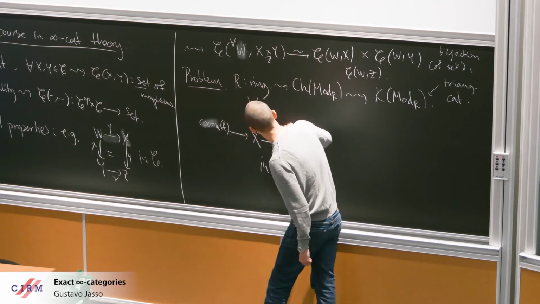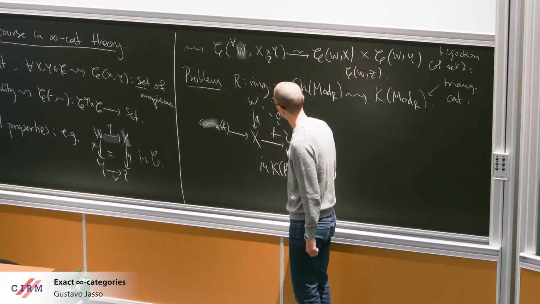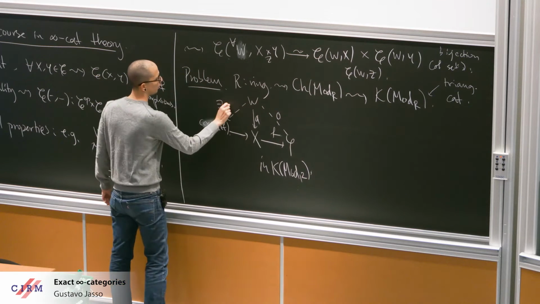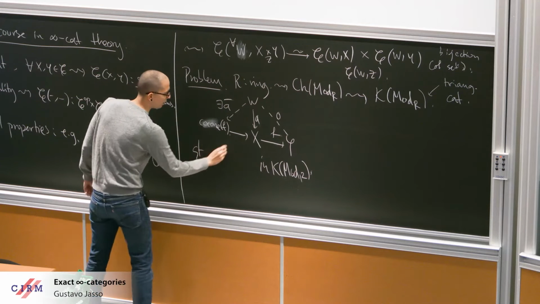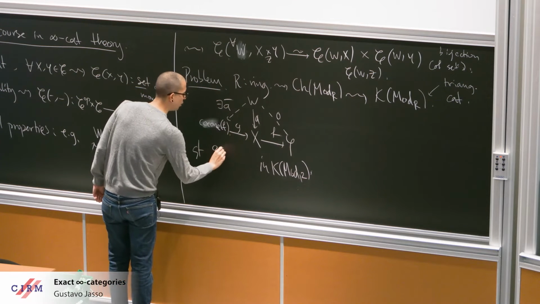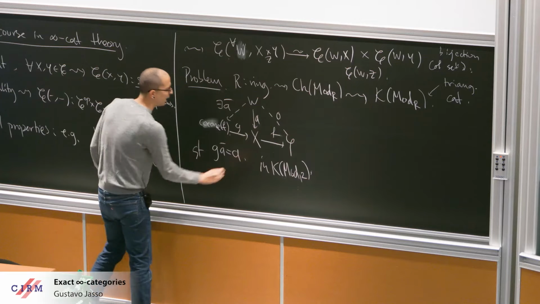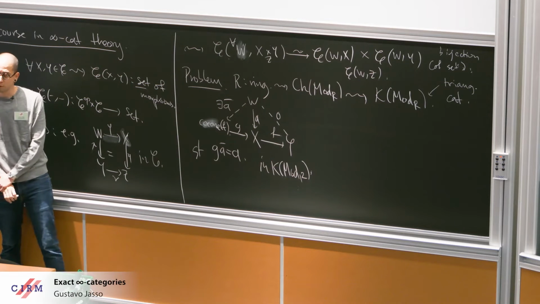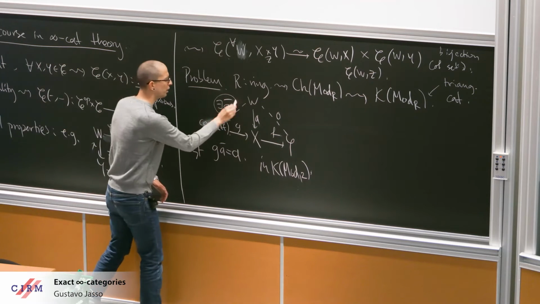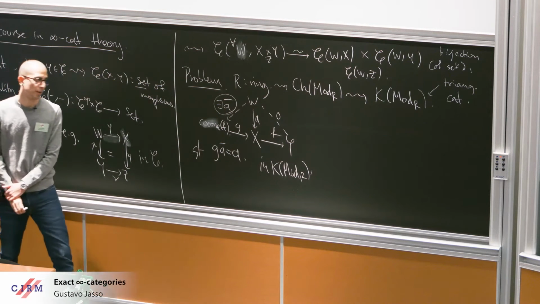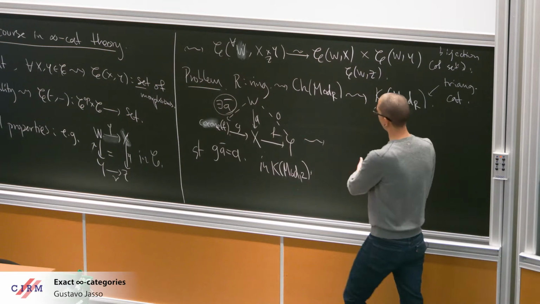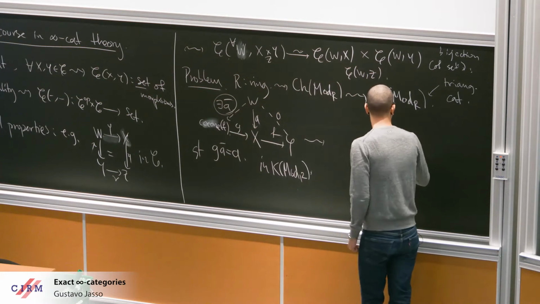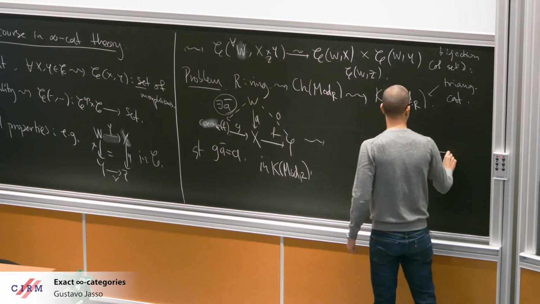For every morphism A that composes with F to 0, there exists a map A bar such that G A bar is A. However, we make no claim on the uniqueness of this morphism A bar. And indeed, we can see why this fails, because we know triangles give rise to long exact sequences.